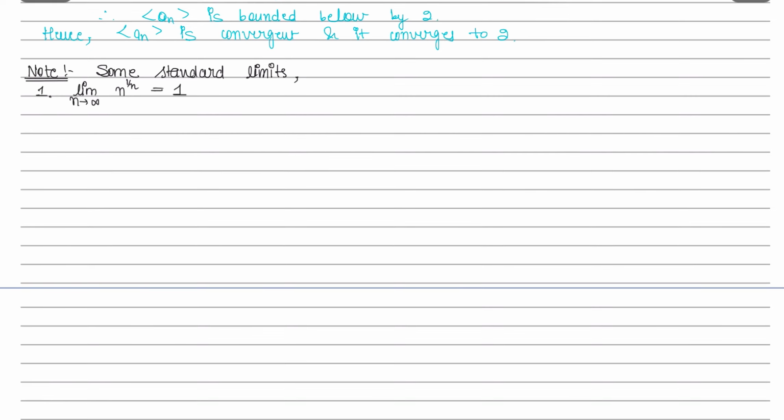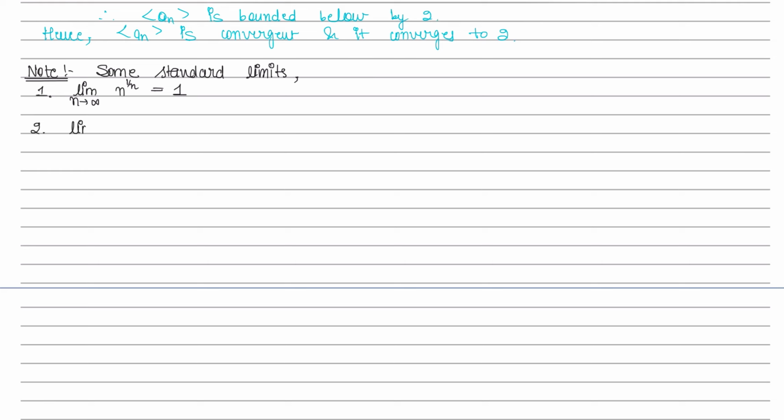The next, before going to the next question, let us make a note here where we have some standard limits. The first one is when limit n tends to infinity and an is of the form n to the power 1 by n, this is always equals to 1.